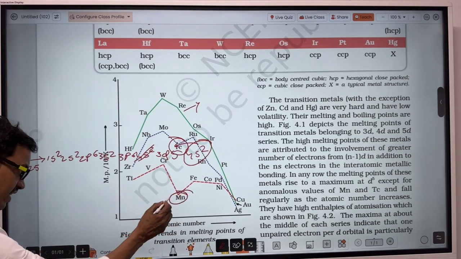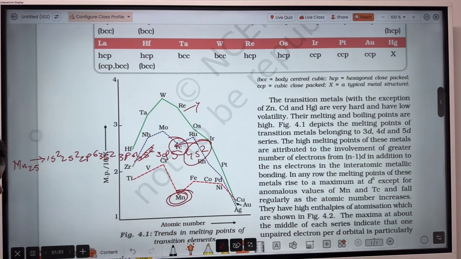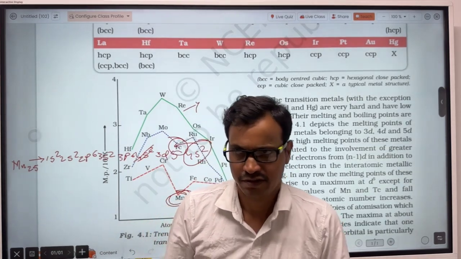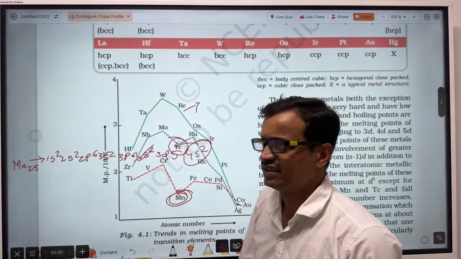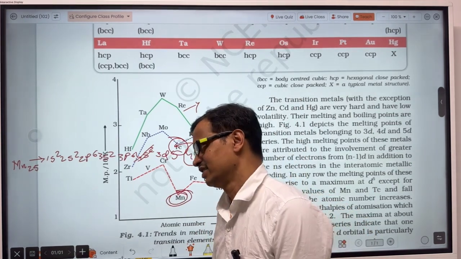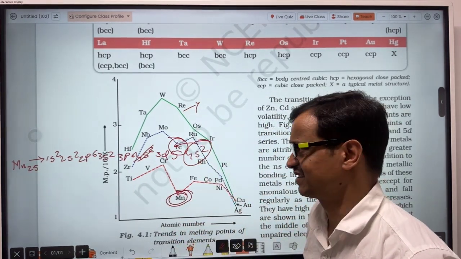Fewer electrons are involved in metallic bonding of manganese. As a result, the strength of the metallic bond is less and the melting point is less.